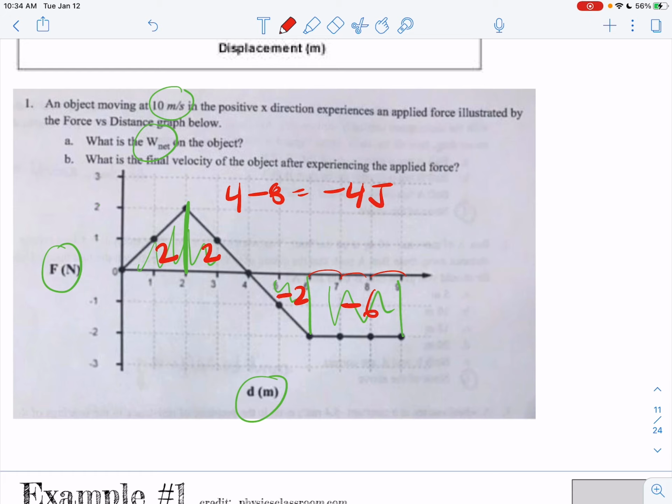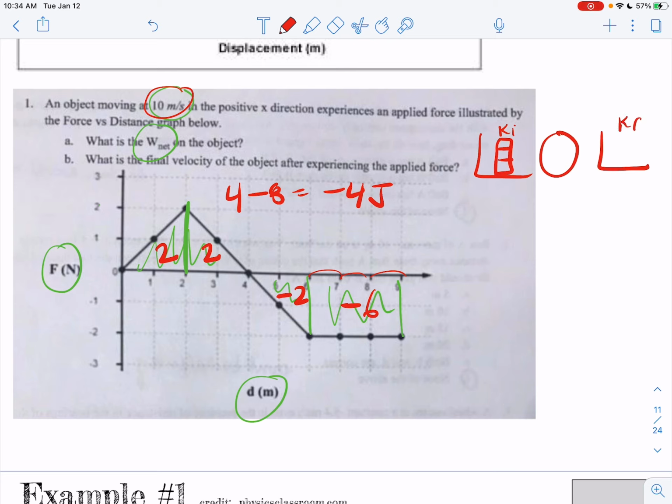So this is an object that's going to be slowing down, starting from a velocity of 10 meters per second. I wonder if we need the mass of this. I feel like we need the mass for this, but let's see. If I'm thinking about my energy, I'm going to have some initial kinetic energy.